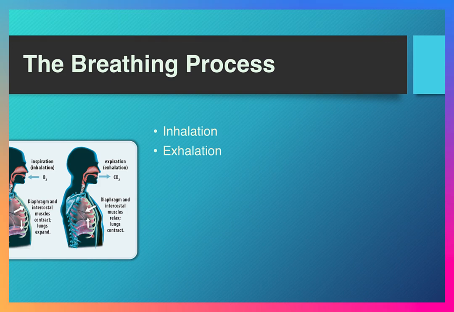Exhalation is a relaxation, so no energy is actually used during normal exhalation. And the chest cavity gets smaller. A decrease in volume causes an increase in pressure within the chest cavity, and it pushes air out of the chest cavity and out to the outside world. This is all controlled from the brain by the medulla oblongata and the breathing center in the medulla oblongata.